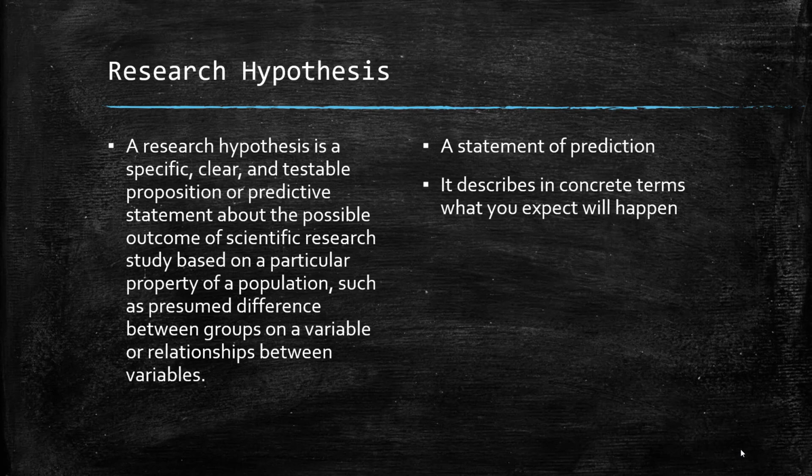That's got a lot of words in it, but we're going to use an example here in a minute to help you understand what that is. It's a statement of prediction, and it describes in concrete terms what we expect will happen within our population based on these variables.